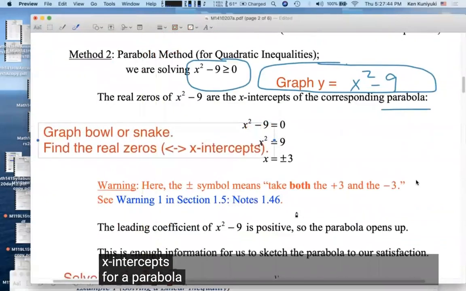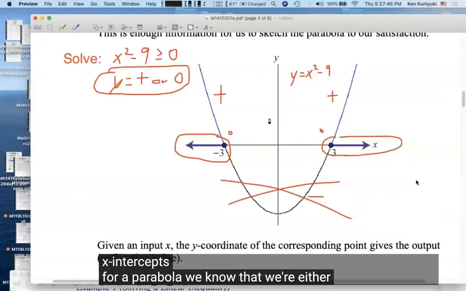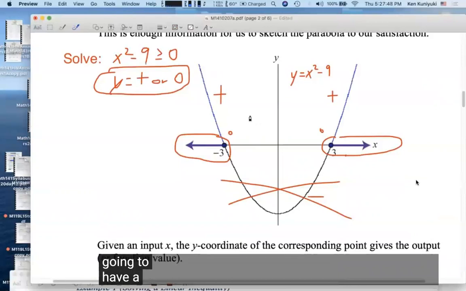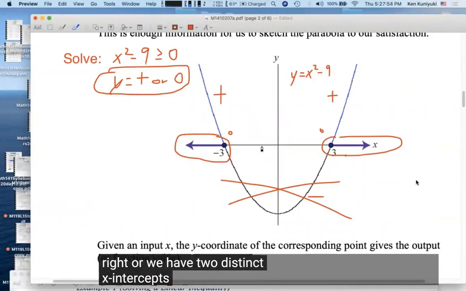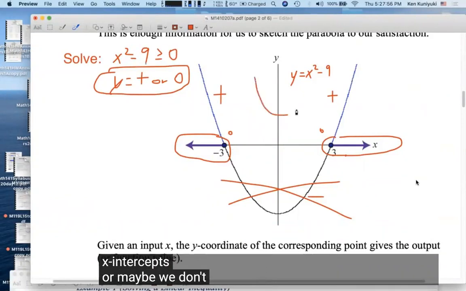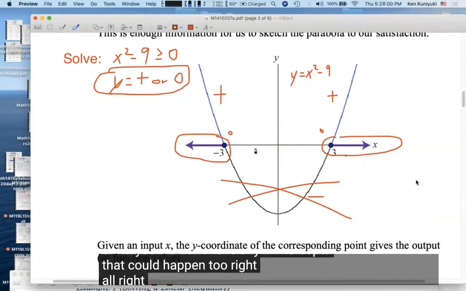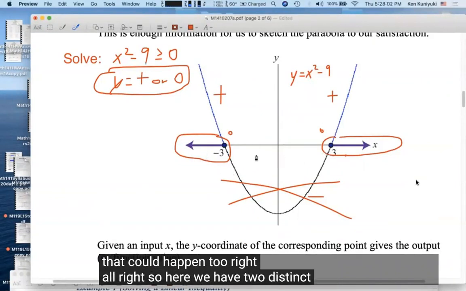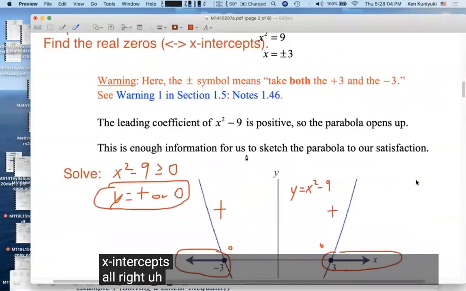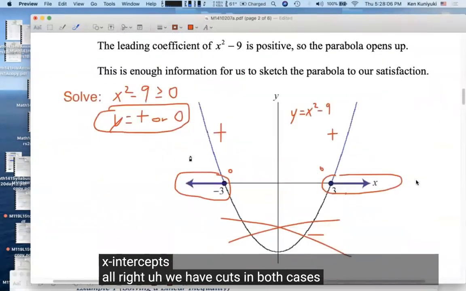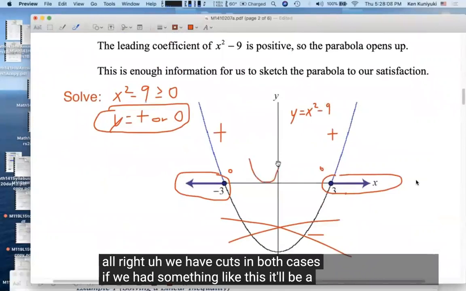For a parabola, we know that we're either going to have a bouncing situation, or we have two distinct x-intercepts. Or maybe we don't have any x-intercepts. That could happen too, right? So here we have two distinct x-intercepts. We have cuts in both cases. If we had something like this, it would be a bounce.